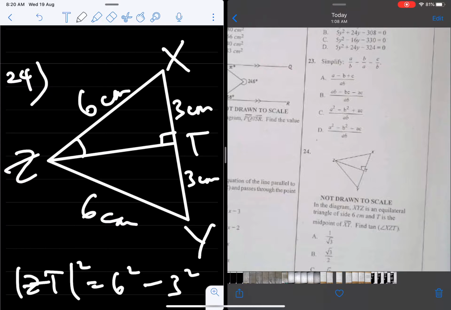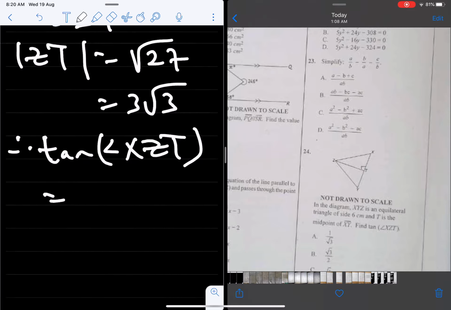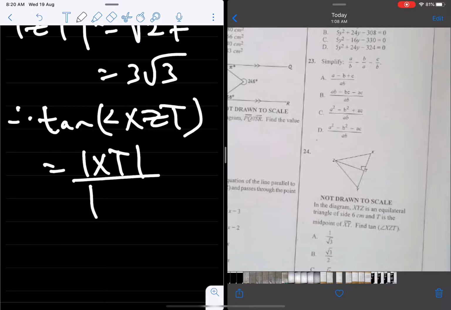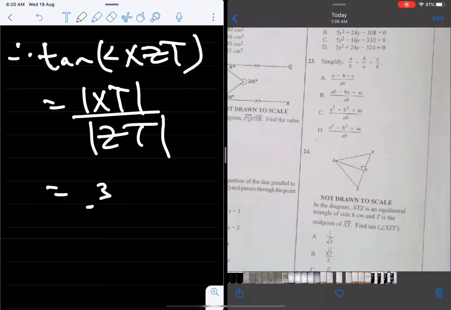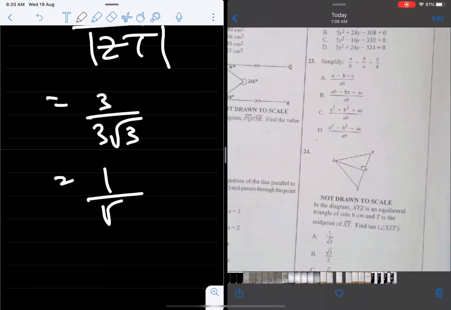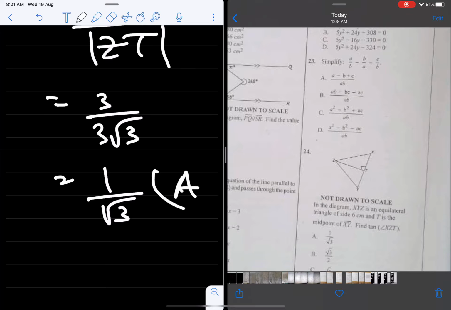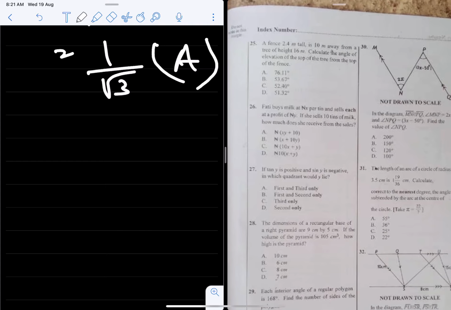So the tangent of angle XZT is going to be XT, the opposite, over ZT, the adjacent, which is 3 centimeters over 3 root 3, which means 1 over root 3. And the correct option is A. Now to number 25 quickly. Number 25.